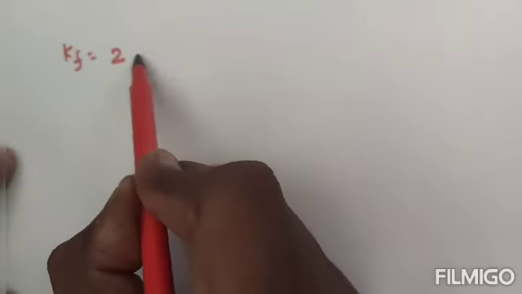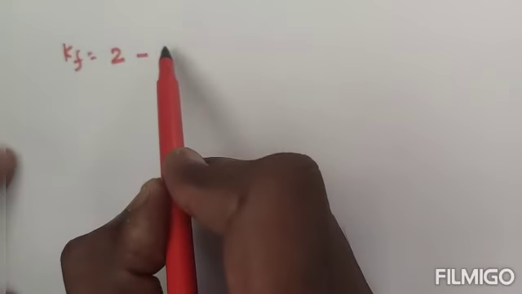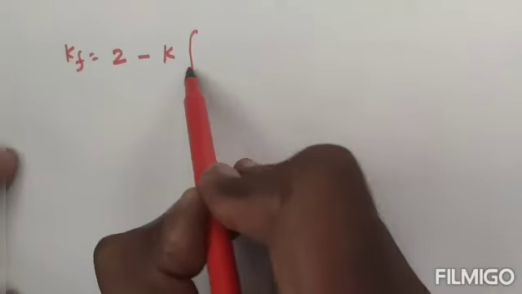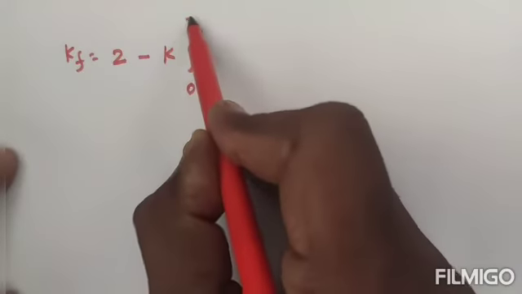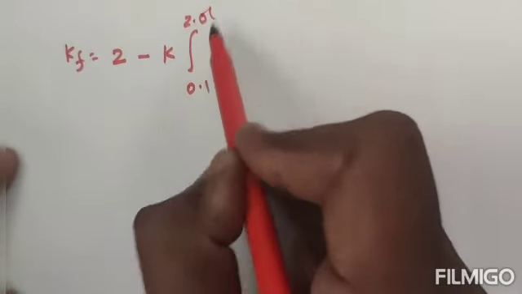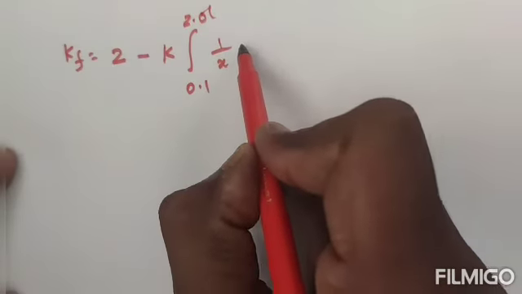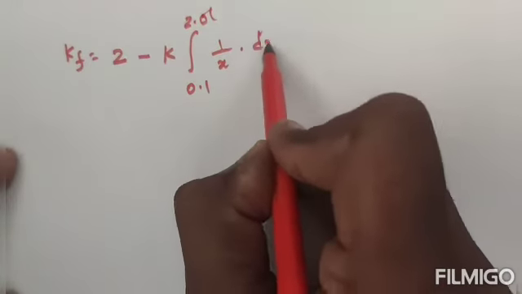Okay, therefore Kf is equal to 2 minus K. So I can write one more time the steps, K into limit 0.1 to 2.01, then 1 by x into dx.